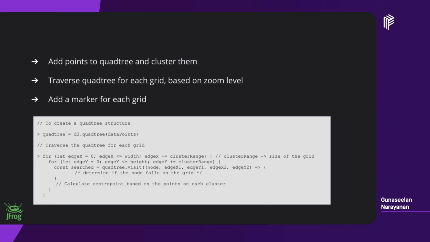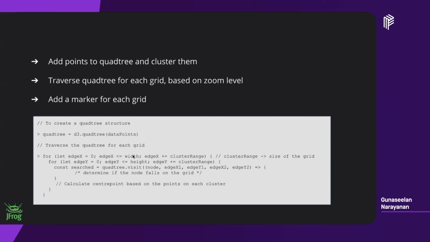Suppose you're fully zoomed out, the cluster range will be a bigger number, so a large amount of space will be grouped together. When you're zooming in, the cluster range reduces and the square will be smaller. So each time you zoom in, the size of the square gets smaller, and only the markers inside the square will be grouped together.